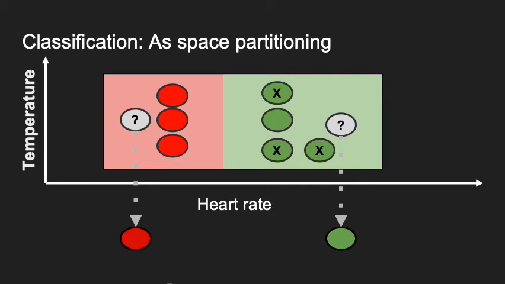Because of that behavior, you can see that the space is naturally partitioned into two. You have a red space and a green space. If the new point falls into the red space, it is assigned class red. And if it falls into the green space, it is assigned class green.